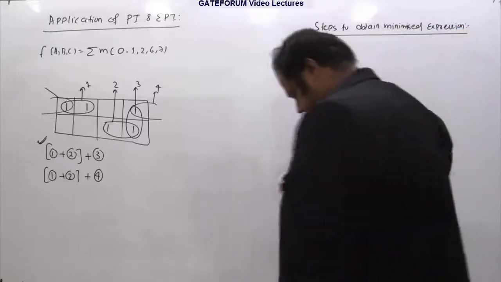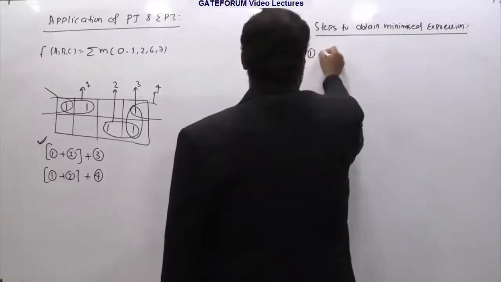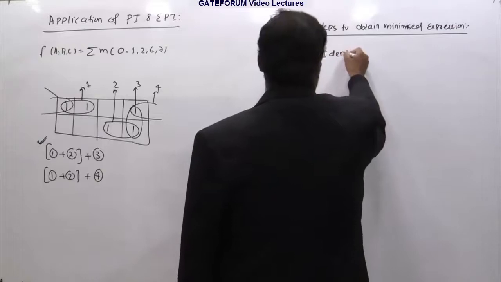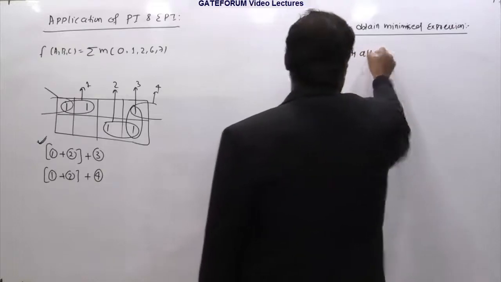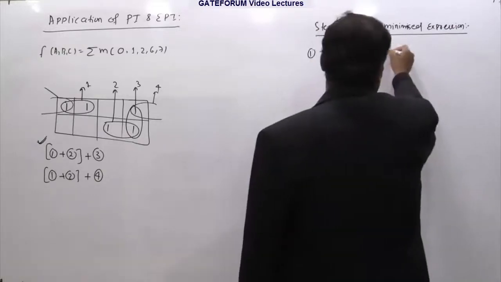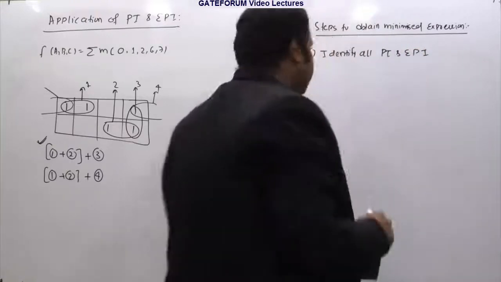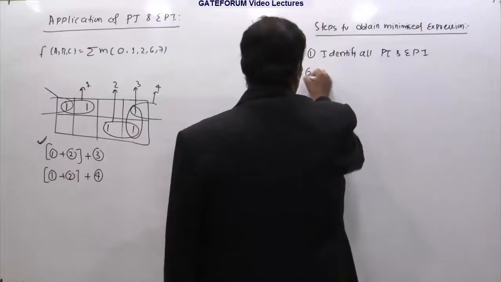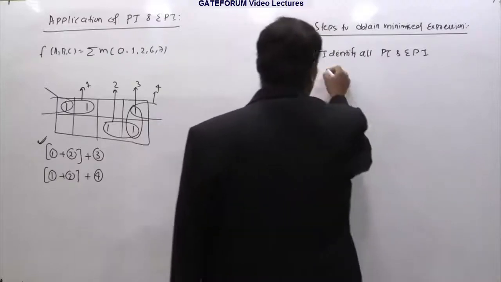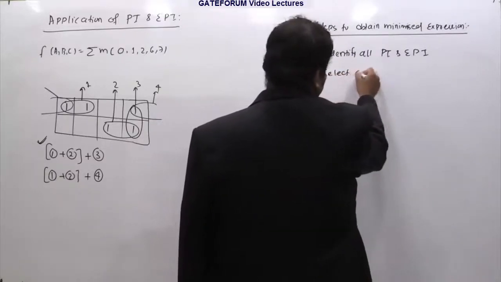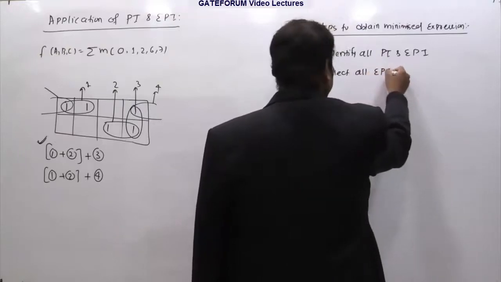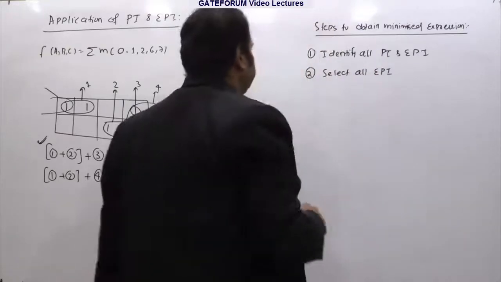Step 1 is identify all PI and EPI. Step 2 is select all EPIs, so you should pick up all EPI.